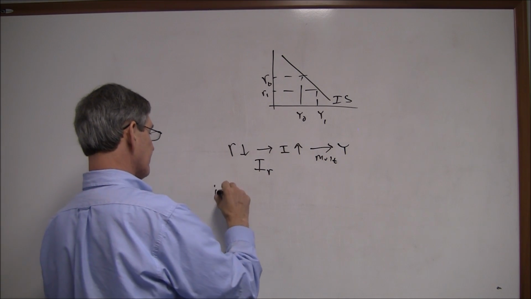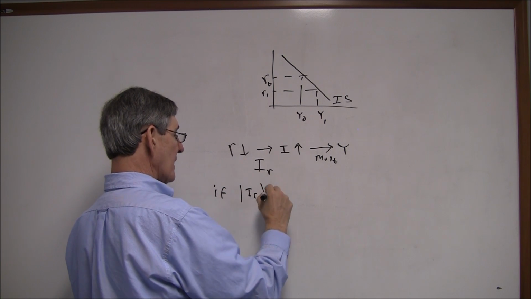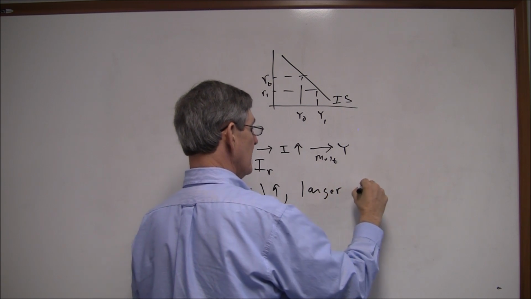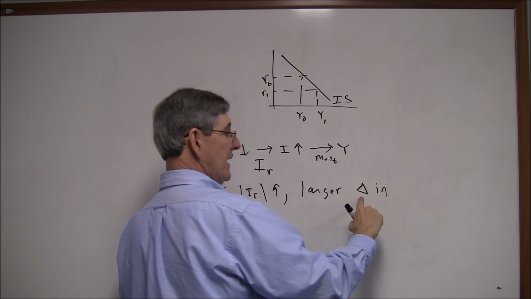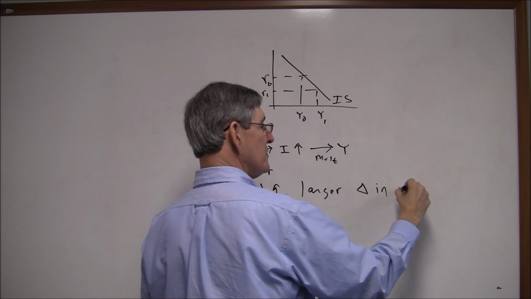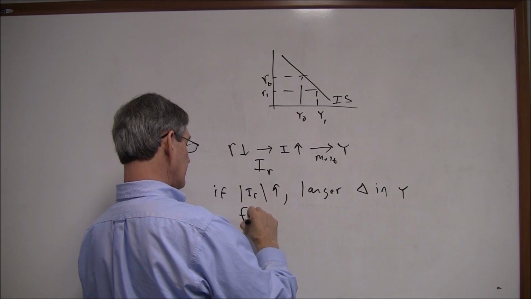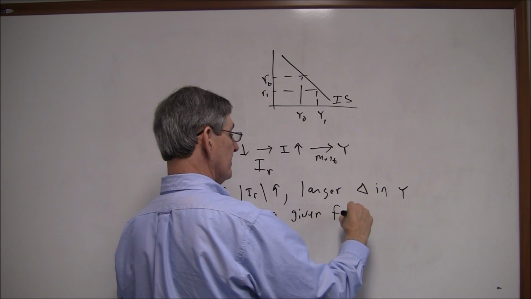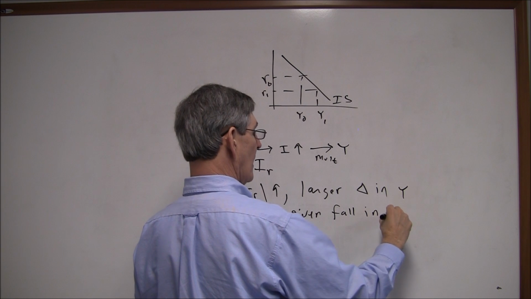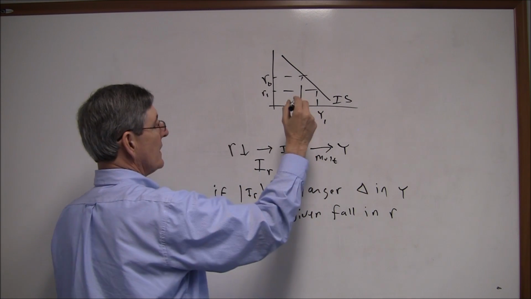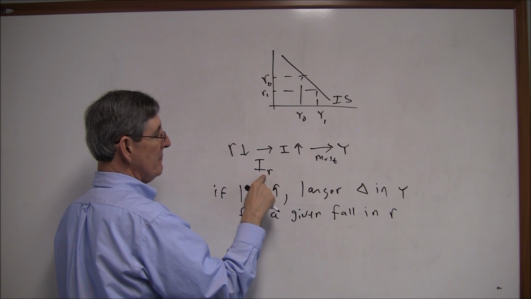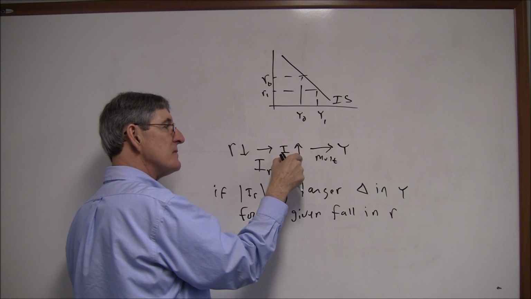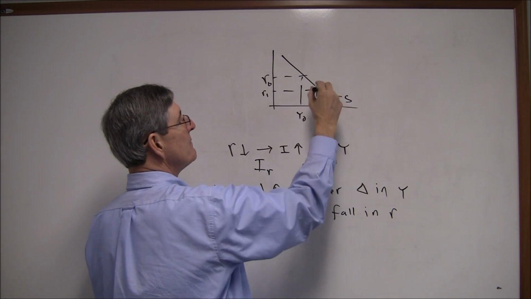So if I of R goes up, you'll get a larger change, the triangle is the change in Y for a given fall in R. So if I of R had been bigger, for a given fall, say from 10% to 4%, investment goes up even more, so income goes up even more.